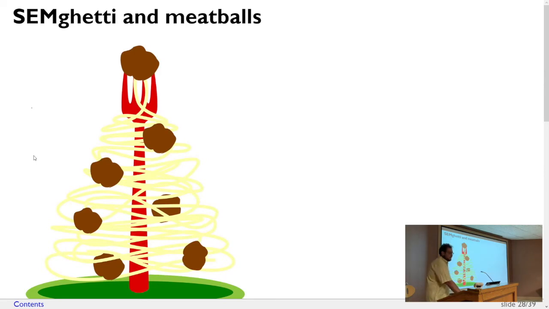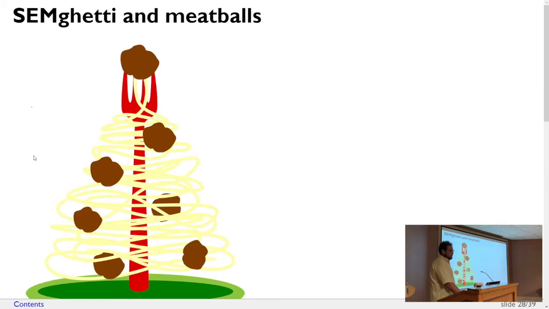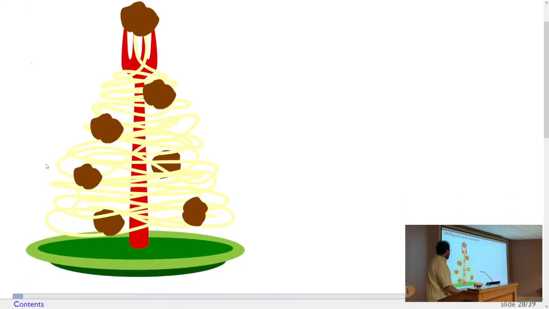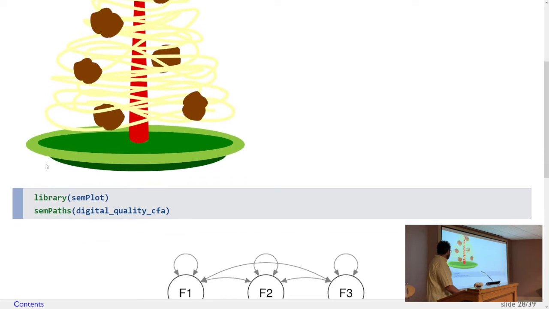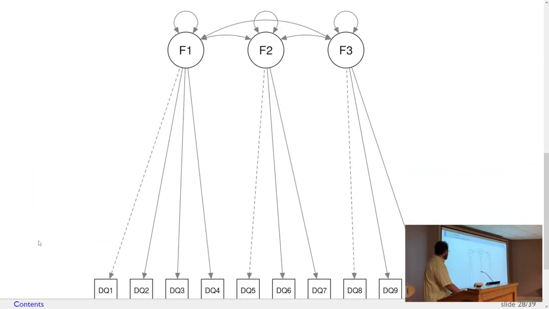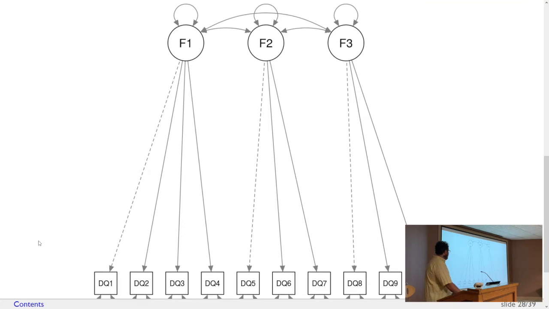So now we're going to get back into the plotting. Spaghetti and meatballs is often what people call structural equation modeling, because as you'll see, you've seen before and you'll see again, there's a lot of lines and circles and things like that. So if I use this semPaths function here from semPlot, we have another picture of what we did, and it kind of does look like spaghetti and meatballs with the lines and the circles and everything.